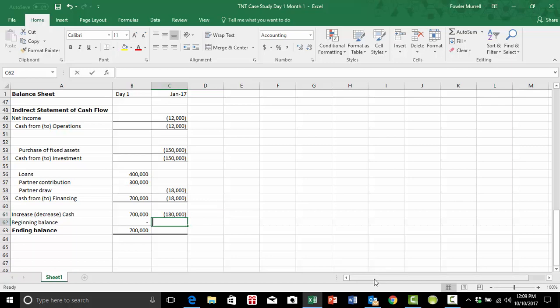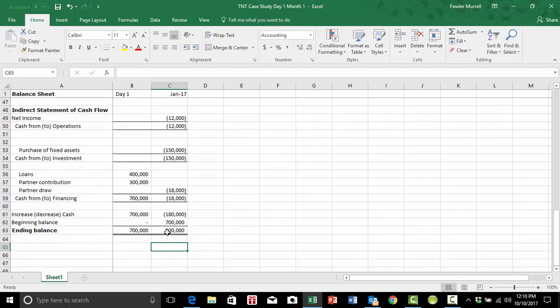Beginning balance equal to our ending balance. And our ending balance in cash for the indirect statement of cash flow will be 520,000. And 520,000 is the number that we're looking for.